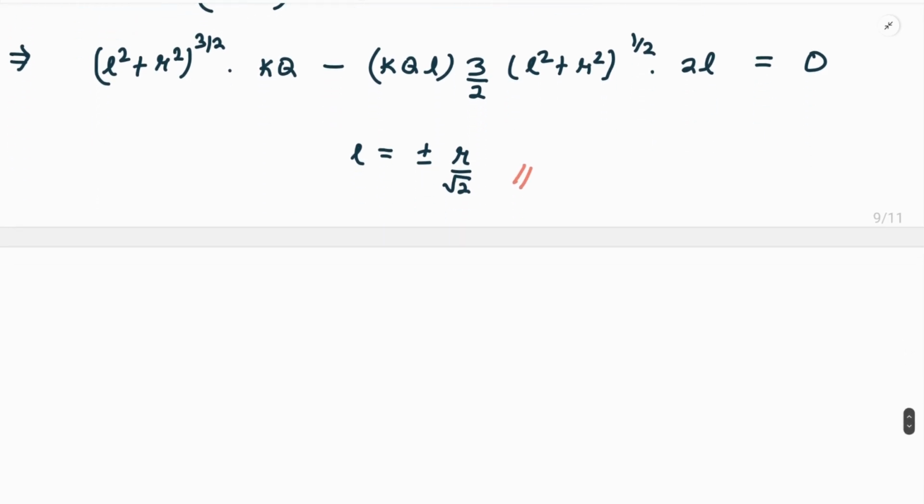So the next part is to find the maximum value of field. So E maximum magnitude is at this point, which is equal to R by root 2.